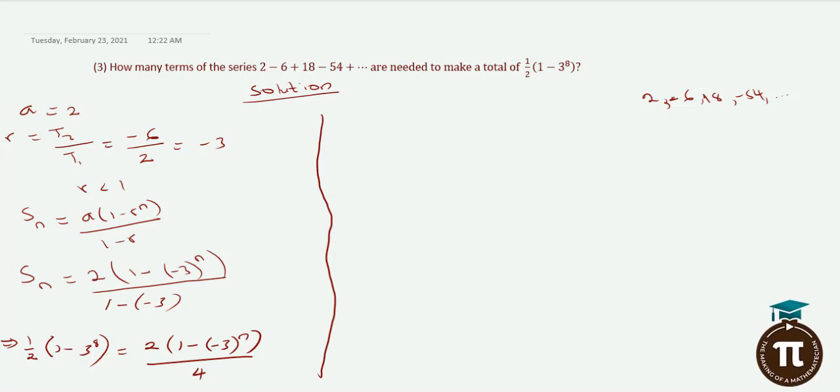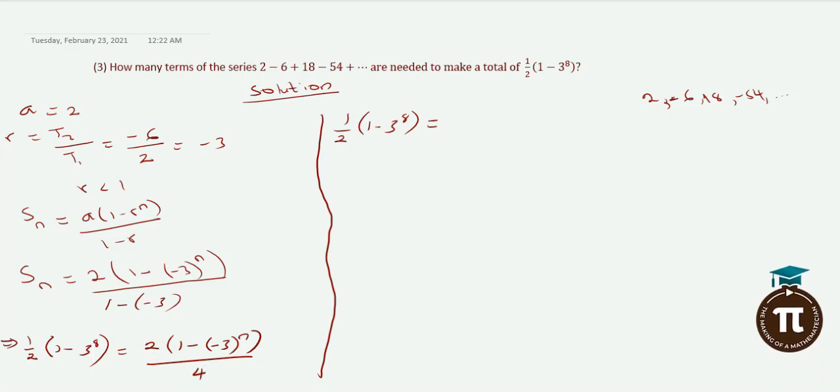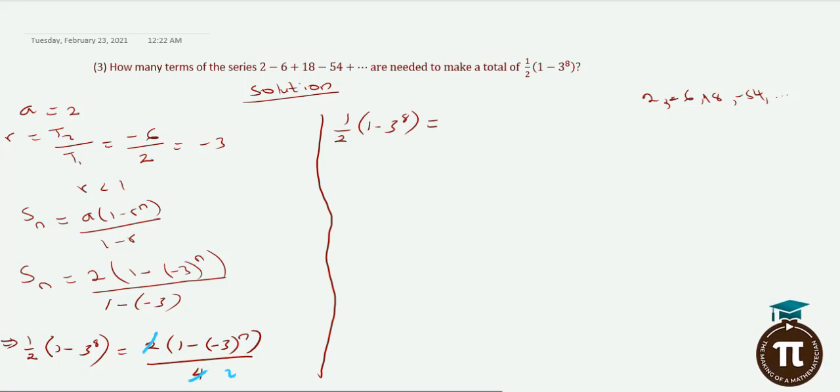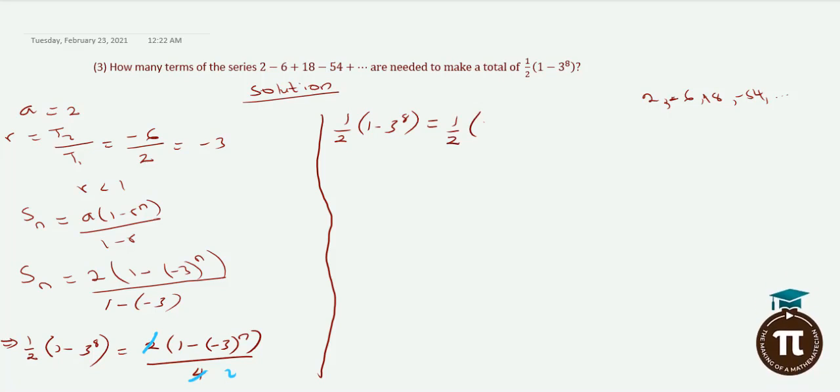So I have 1 over 2 1 minus 3 raised to power 8 to be equal to 2 divided by 4, 2 here 1, 2 here 2, that's what I'm going to have there. At the end of the day I will have 1 over 2, then 1 minus negative 3 raised to power n.